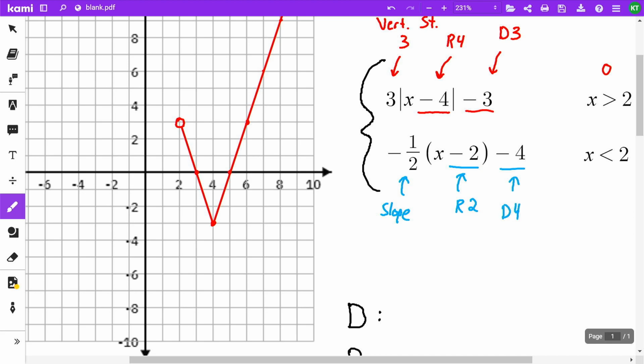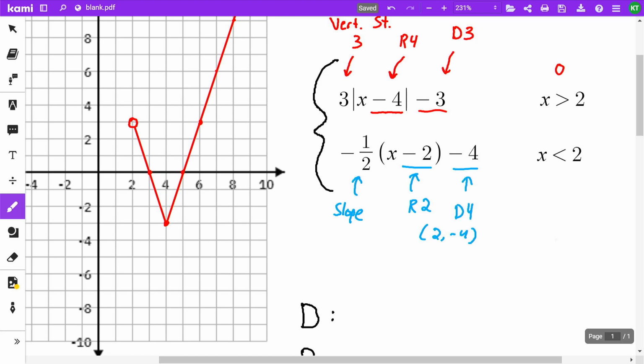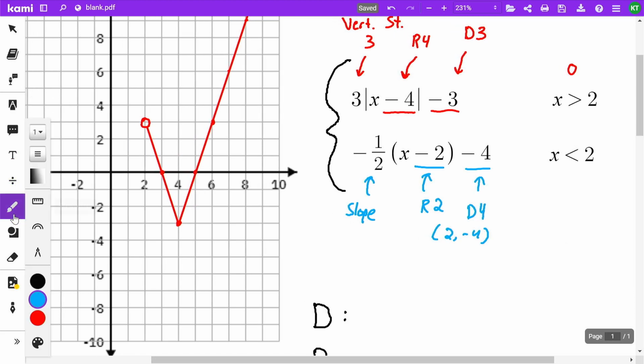So I know my point on this line that we're referencing is going to be at the coordinate (2, -4). So I go there on my graph, (2, -4). Now, when I typed this, I actually meant to put an or-equal sign underneath this.